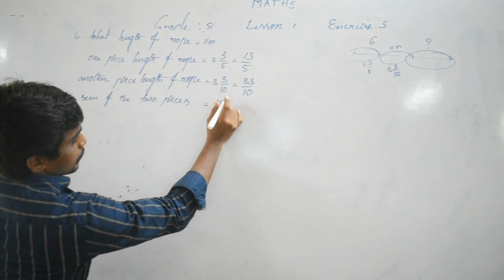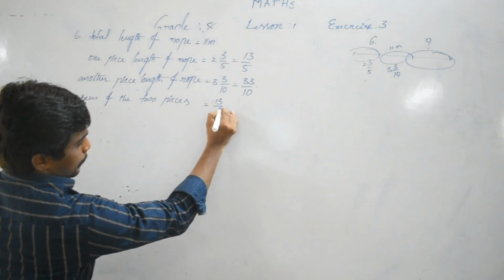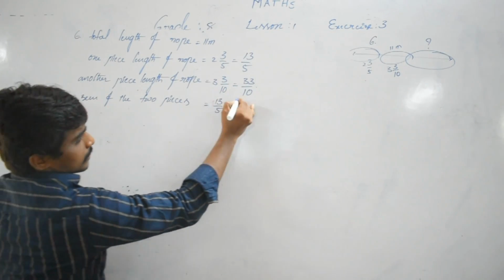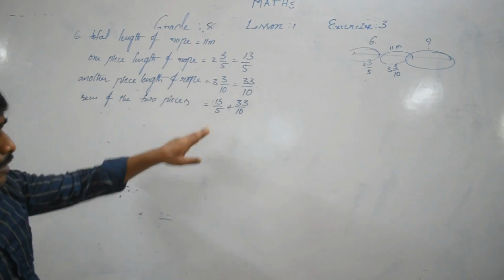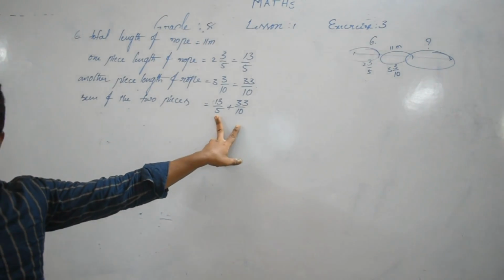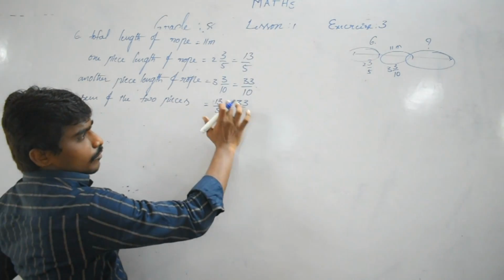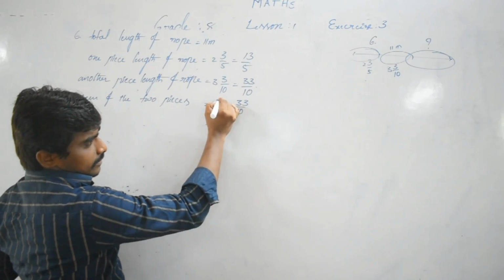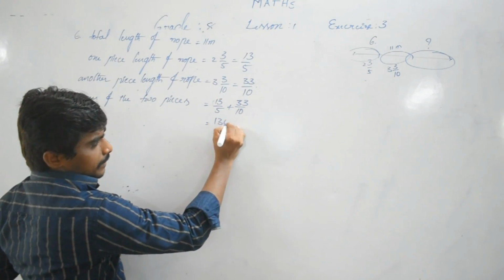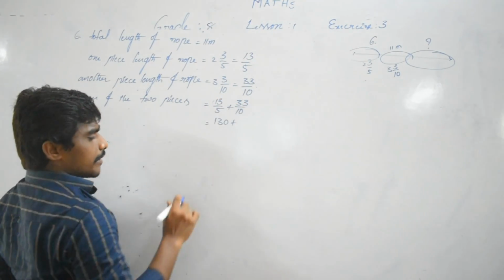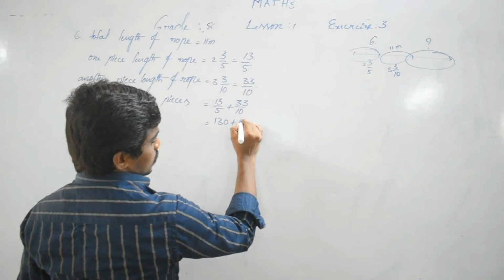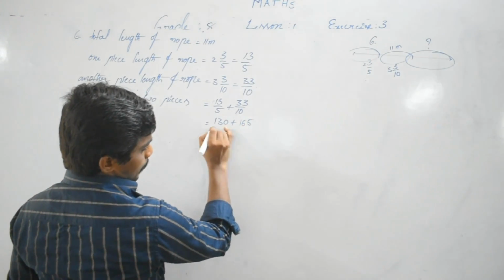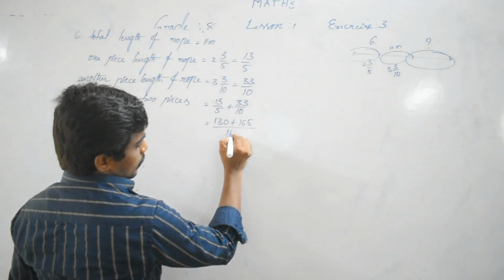So 13 by 5 plus 33 by 10. Here the denominators are different. 5 10s are... 13 are 130 plus 5 33s are 165 by 10.